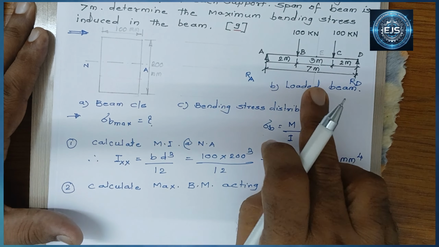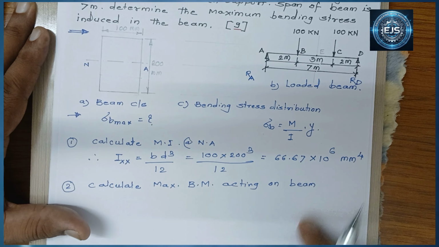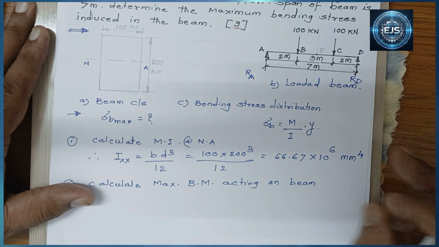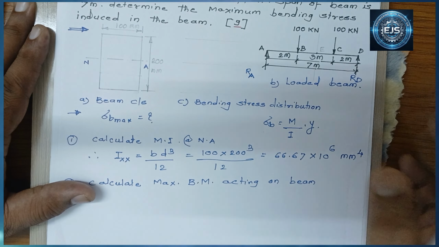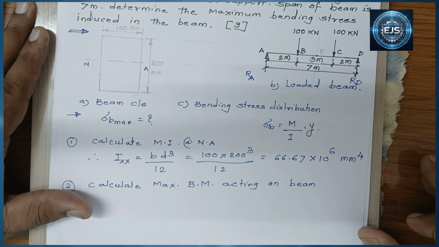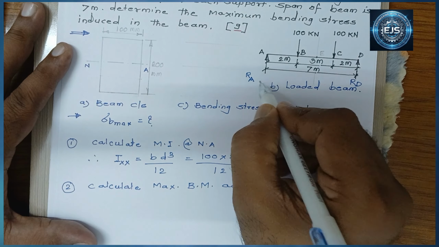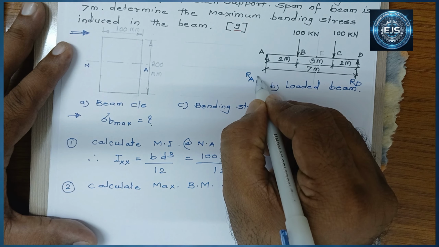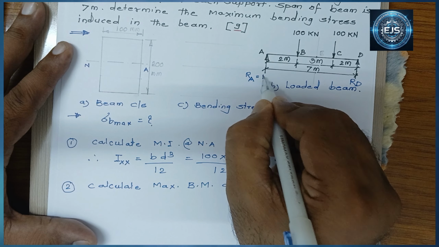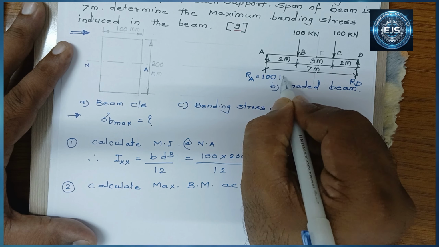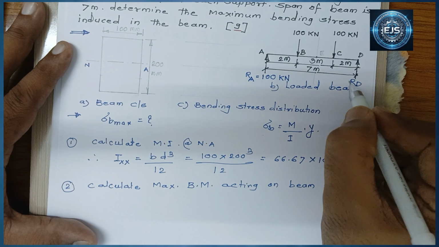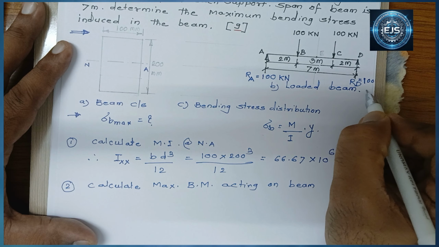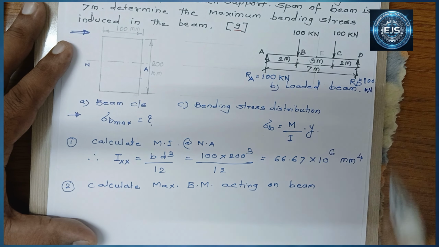Here the loading is symmetrical about the center of the beam. So a 100 kN load is acting on both sides and the loaded beam is symmetrical. In such a case, the total load acting on the beam is 100 plus 100, that is 200 kN, and that is downward. So each reaction will be half of 200 kN, that is 100 kN. So the reaction in this problem is 100 kN each.